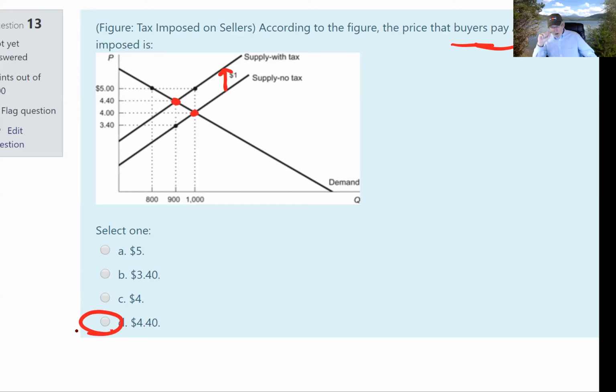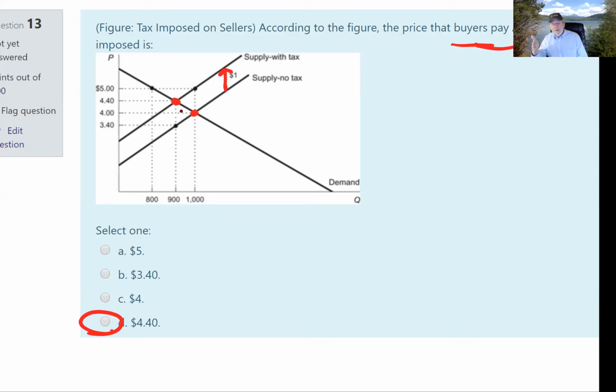But what if the question were worded a little bit differently? What if it asked, what is the price that producers will receive, the price they get to keep after the tax is imposed? What would the answer to that be? It's a $1 tax. The price goes up to $4.40. Consumers are going to pay $4.40.